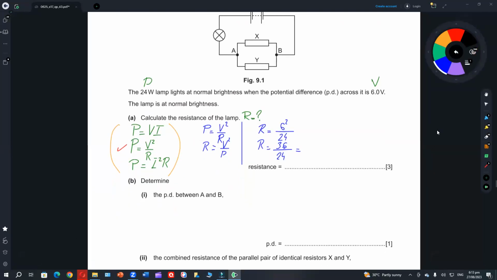Let me have the answer quickly. 1.5. Good.